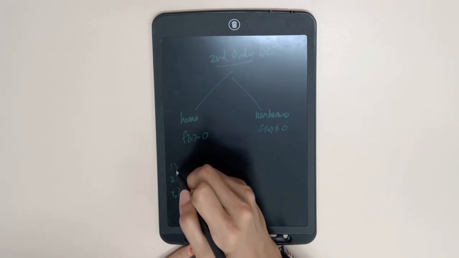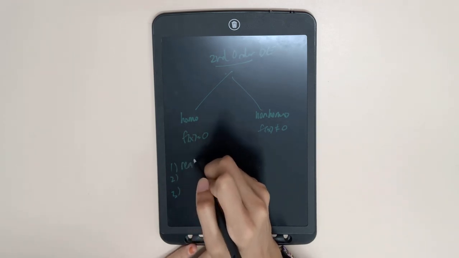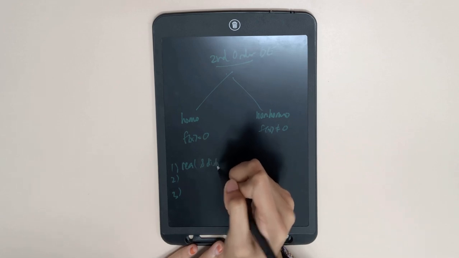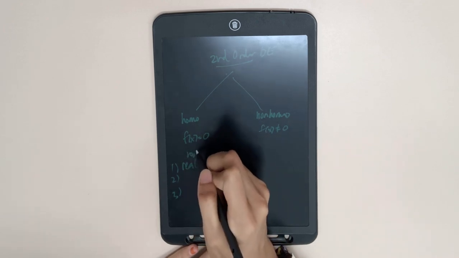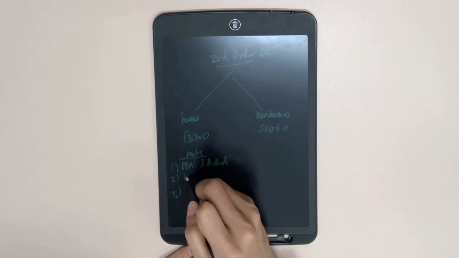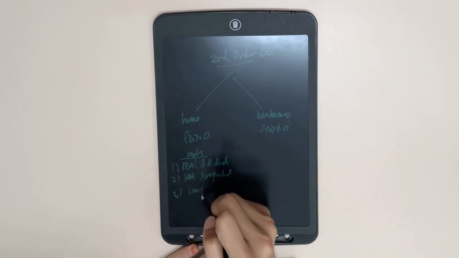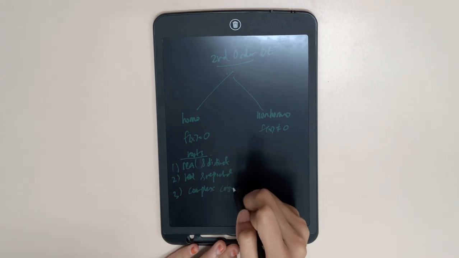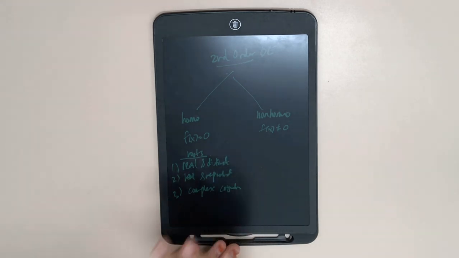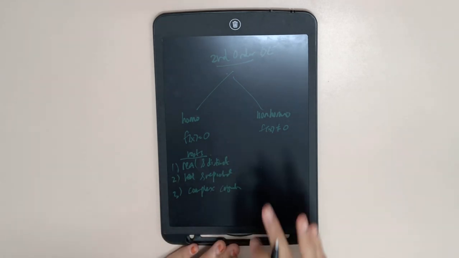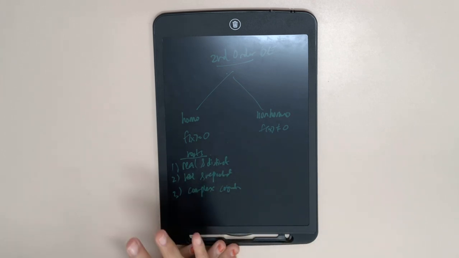For homogeneous, there are three conditions that you need to know about your roots: real and distinct, real and repeated, and complex conjugate. Real and distinct means real and different. Real and repeated means real and also equal, so it's the same.